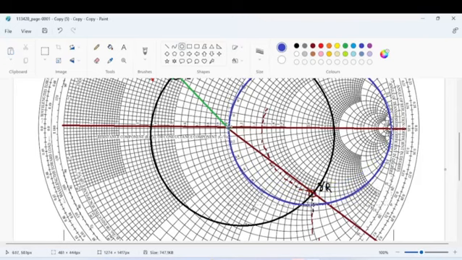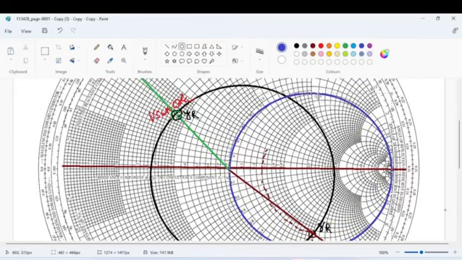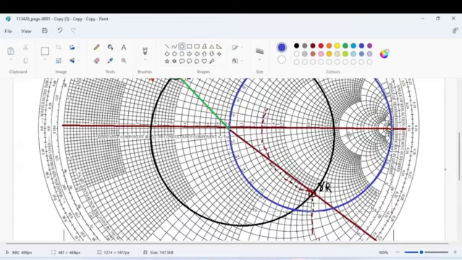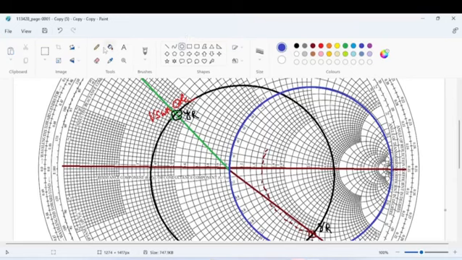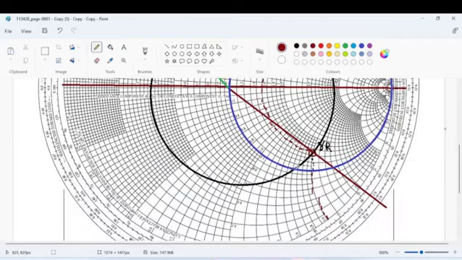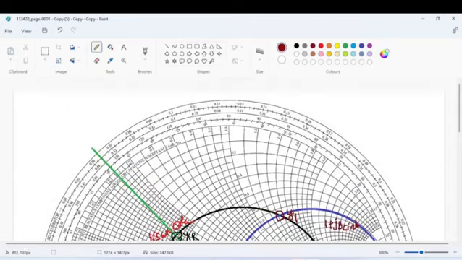You extend that point from the center, both upward as well as downward. So this is our 1 plus jb circle. Now both circles intersect at two points, one at y1 and another at y2. The upper point is always y1, and the lower point is y2.